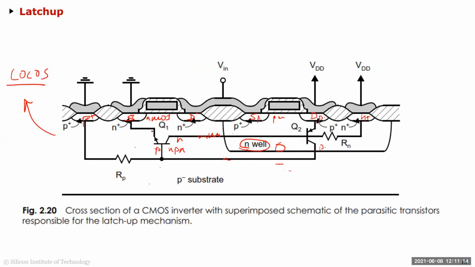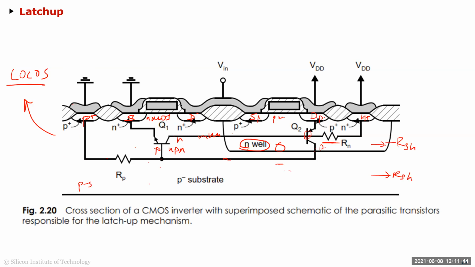But if you simplify this, you'll see that you have this NPN with a resistor connecting from the base, because there is a finite amount of resistance because of this P substrate here. Similarly, there is a finite amount of resistance from the connection made to the N well, because you have a sheet resistance, an R sheet for this N well and an R sheet for this P substrate.